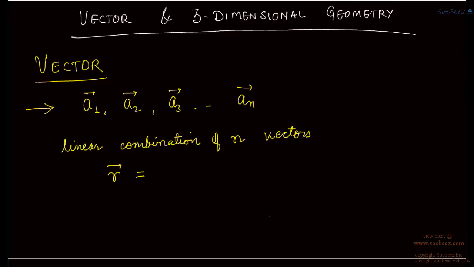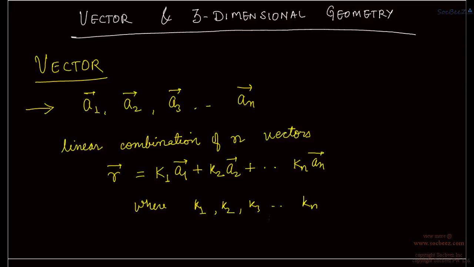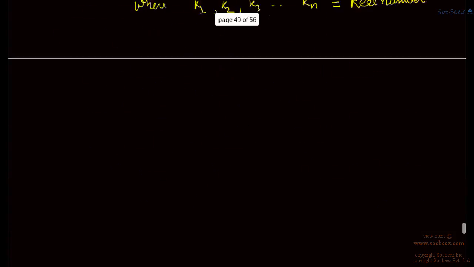So vector r can be written as k1 a1 plus k2 a2 plus dot dot dot kn an, where k1, k2, k3, dot dot dot kn are all real numbers.